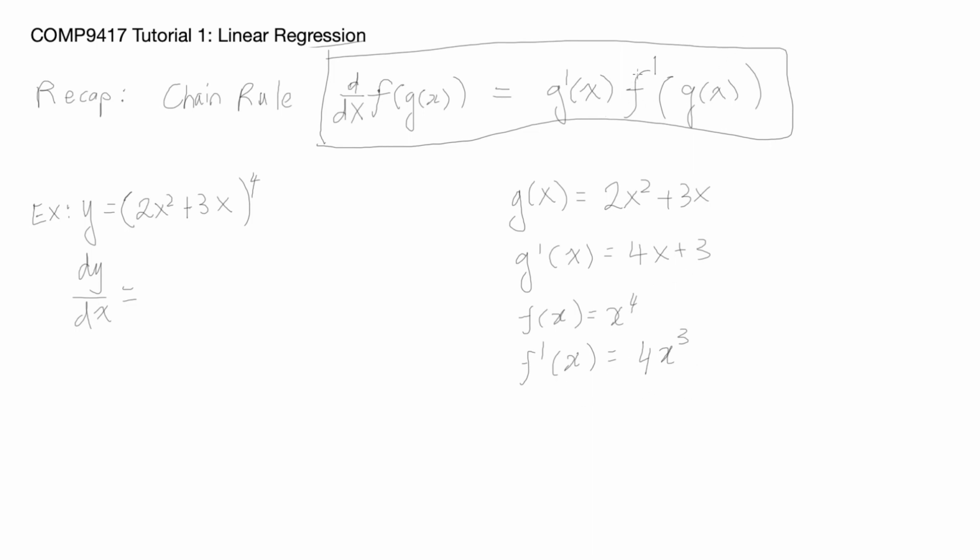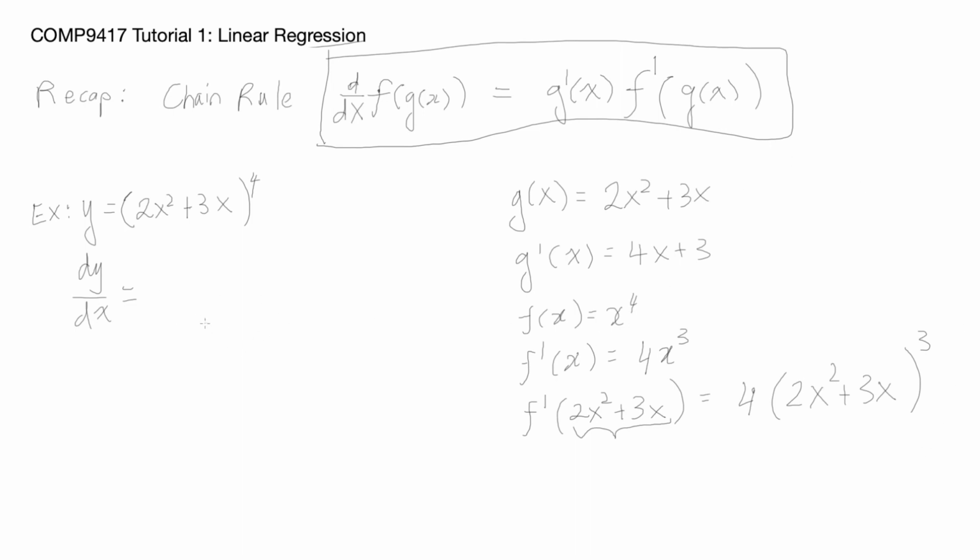And actually we need f prime of g of x, which is 4 times 2x squared plus 3x, to the power of 3. This just means take the inside function and plug it into the argument. Hopefully this is pretty clear.